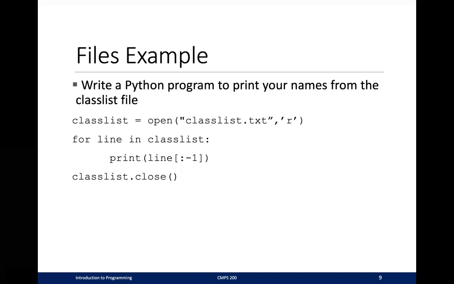You could assume that each line is one item in a list. So whatever the file has in terms of lines, each line will be stored as one item inside this file handler. So I can loop over these lines. Here I'm saying for line, that's the name of the variable, in class list. I could say for i in class list, it doesn't matter, it's a value. And then I'm saying print whatever is in line.